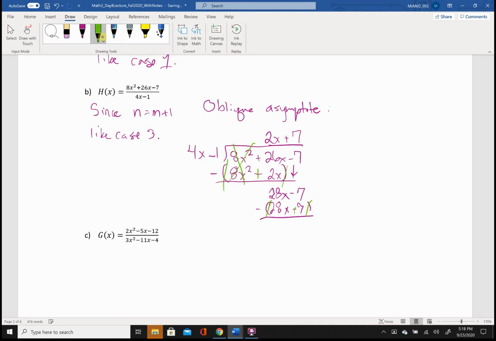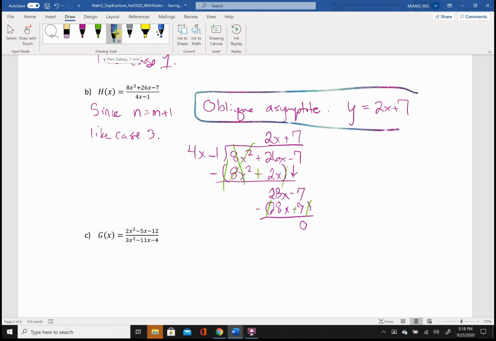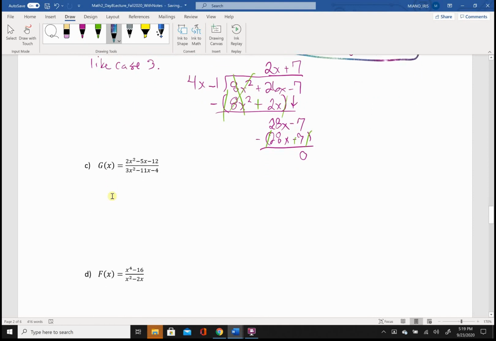You'll get a 0 remainder, whatever, it doesn't matter. So y equals 2x plus 7 is going to be our oblique asymptote. Now, that's all I really want to say about that for now, because remember, we're just being asked to find either the horizontal or oblique asymptote if it occurs.